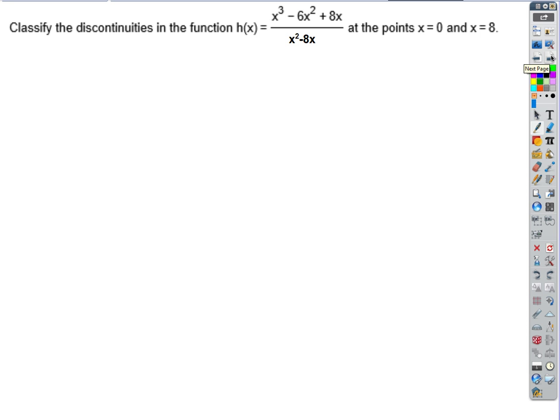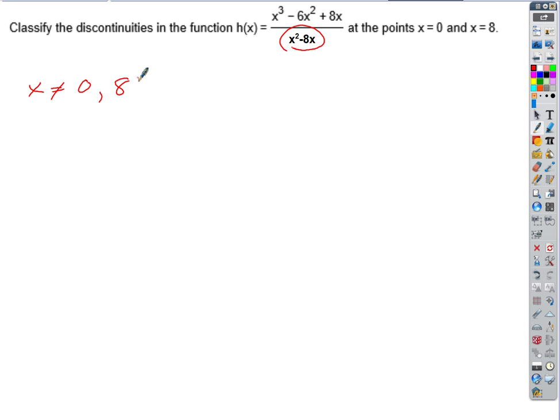What about this guy? So where are the discontinuities here? When you identify the x values where this function is discontinuous. Lily, what you got? Tell me, where is this one discontinuous? 0 and what? 8. 8, good.